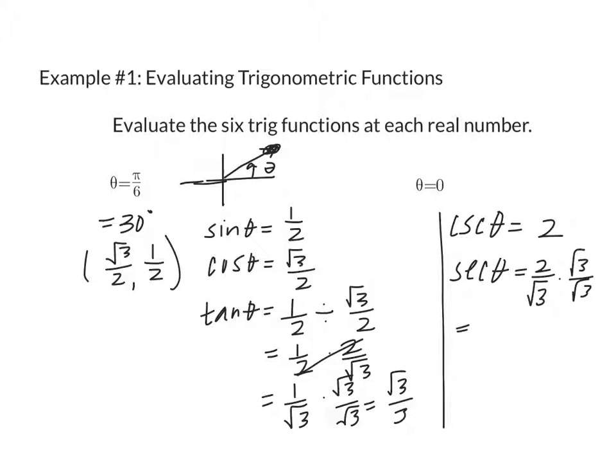That gives me 2 square root of 3 over 3. And then the last one, cotangent theta. Just a second ago, at this point right here, that was our answer, before we rationalized it. So for cotangent theta, all I have to do is find the reciprocal of 1 over square root of 3, and that is the square root of 3. So these are the 6 trig functions for pi over 6, or 30 degrees.